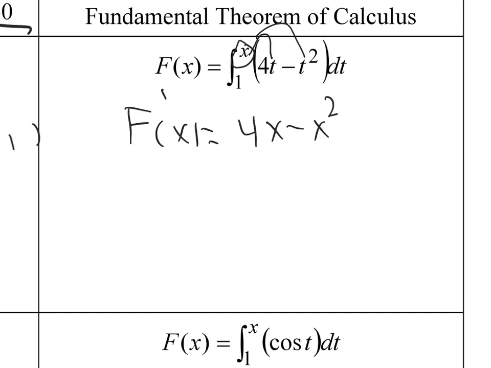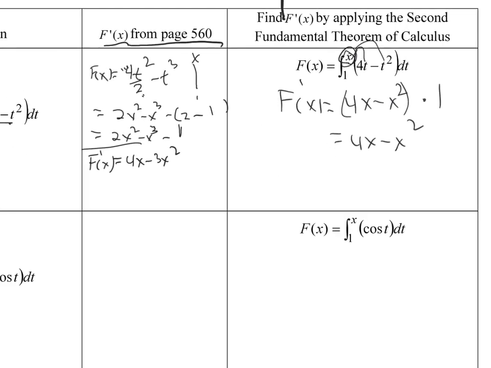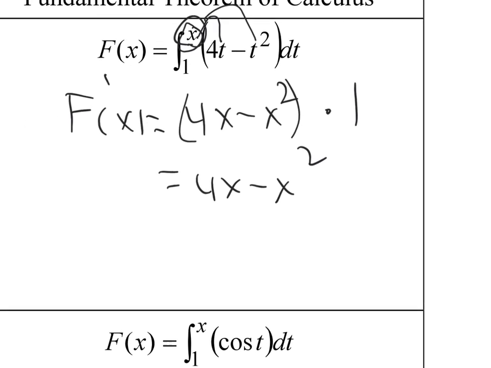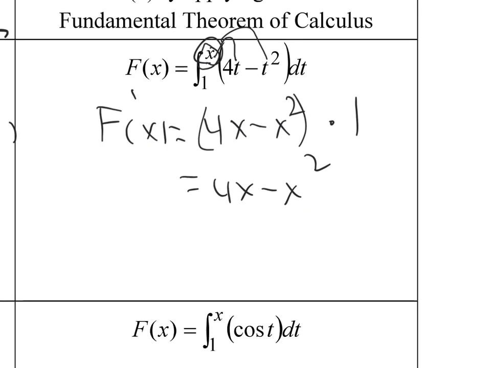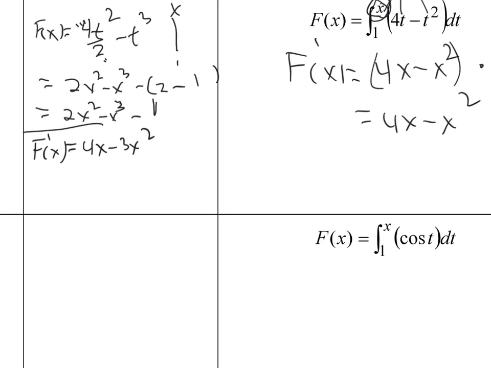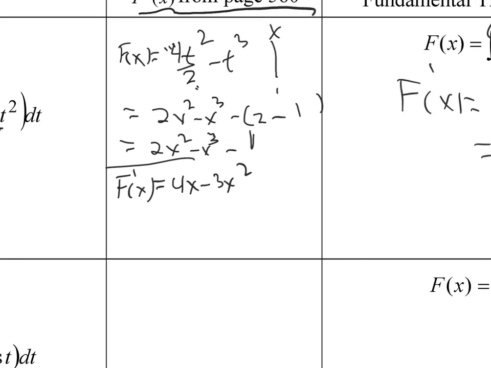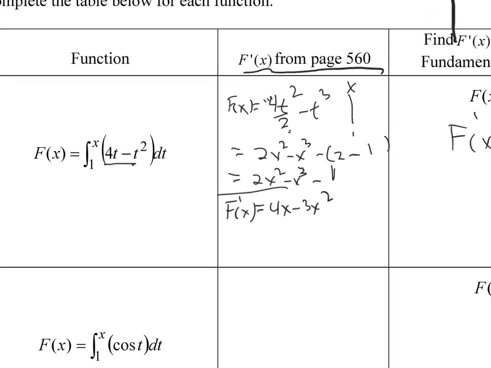4x minus x squared. Take this times the derivative of the top function, and so 4x minus x squared. And I'm wrong. Oh, what happened? Did I do something wrong? Got the 4x part right. Oh, maybe I see why. Did I integrate that wrong?